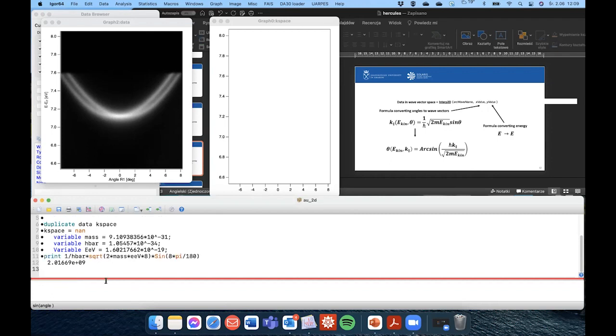Okay, and it looks like the proper value. Of course, it is a huge value because we are working in units of 1/meters, and in the end we will convert that to the typical ARPES units, that means 1/angstroms. So let's change the scale of our final data.